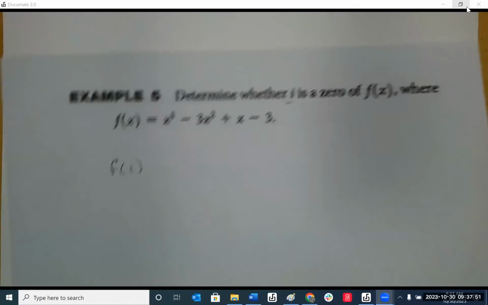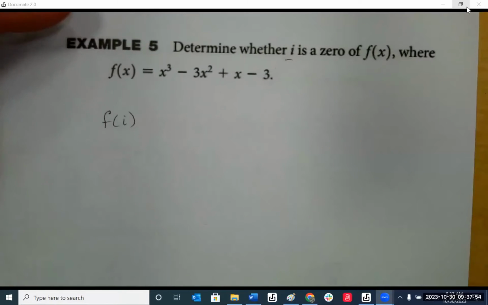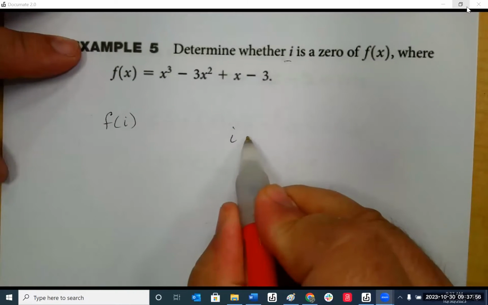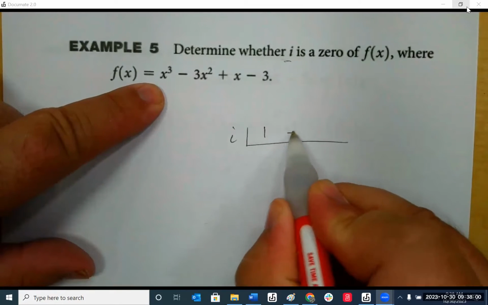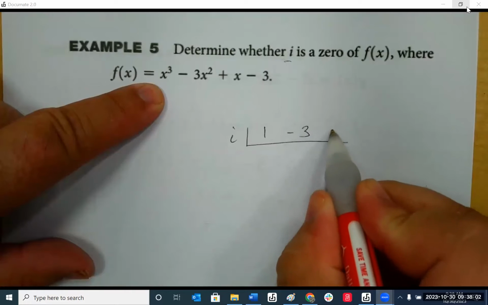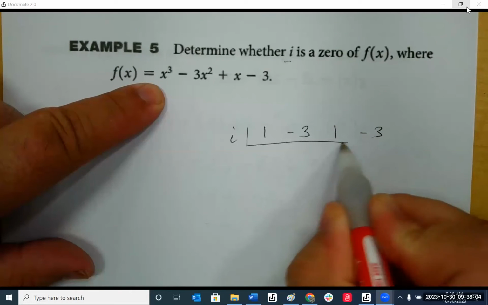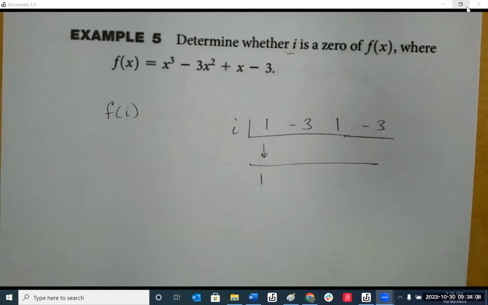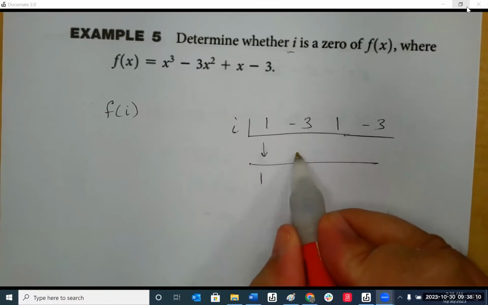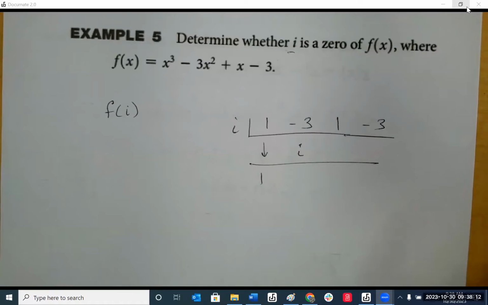So we can do the same thing here. Instead of plugging it in there, let's use synthetic division. x cubed is 1. x squared is -3. Positive 1, -3. i times 1 is i.